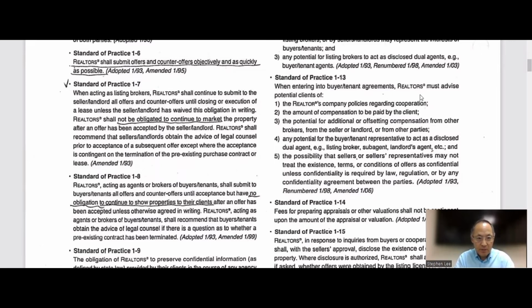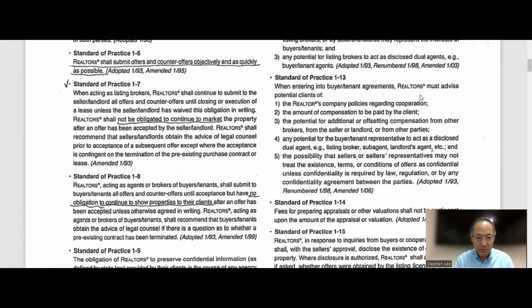Let's say as a listing agent, you received an offer and the seller accepted. Now you have to go through a transaction and wait till closing. But during this time, if there is another offer, what are you going to do? You just discard that? No, you cannot do that.